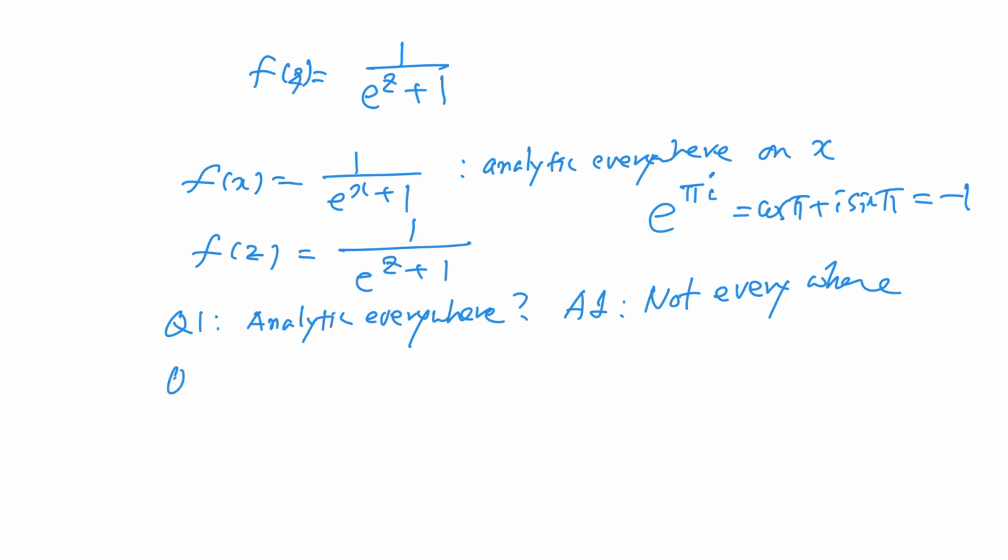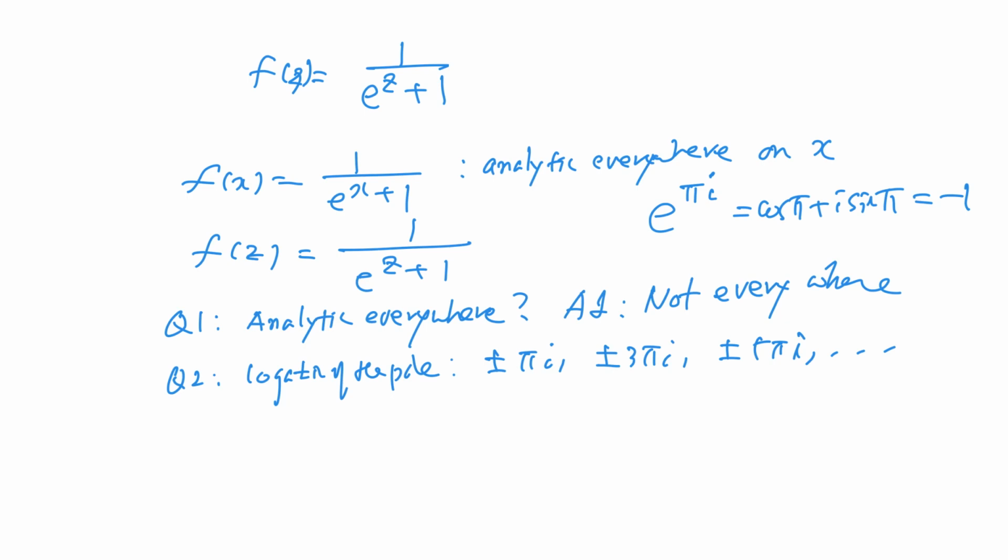Location of the pole: plus minus pi i, plus minus 3 pi i, plus minus 5 pi i, etc. So an odd integer multiple of pi times i is the location of the pole.